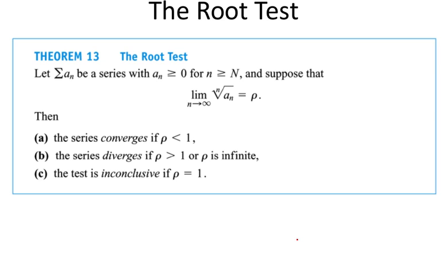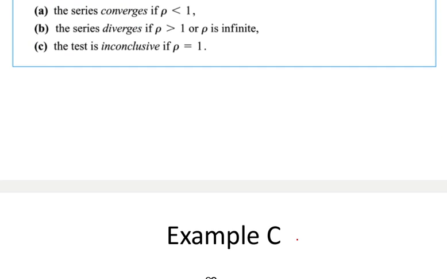But again, just like the previous one, if it's equal to 1, the test is not of any help to you at all, because that means it's inconclusive. It could converge or it could diverge, and you wouldn't really be able to tell which way it is.